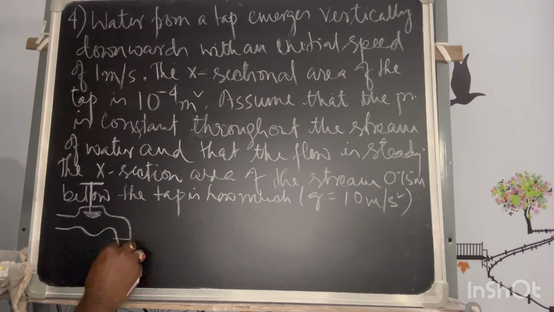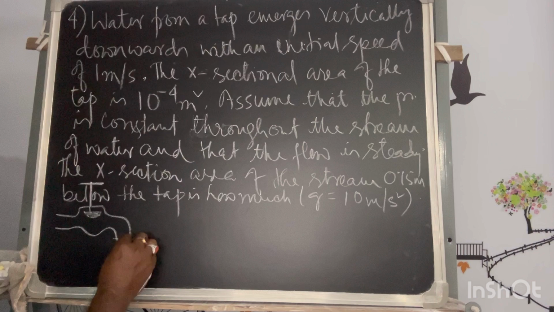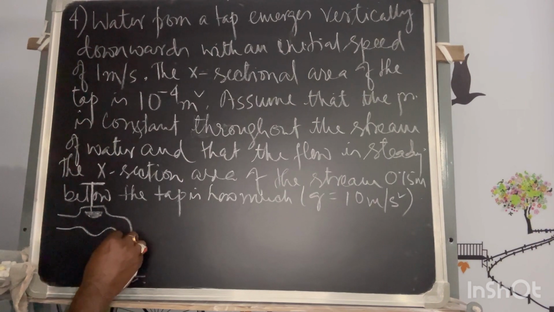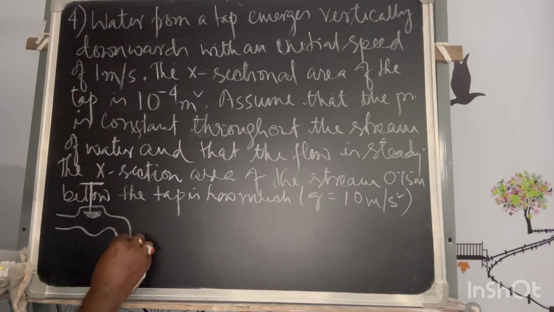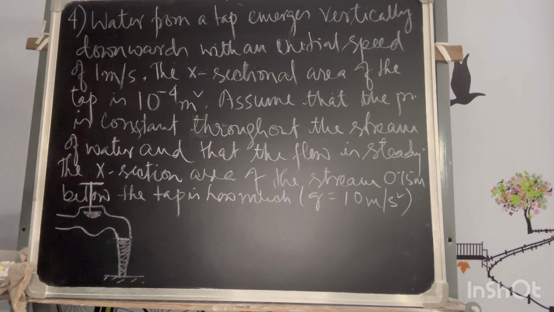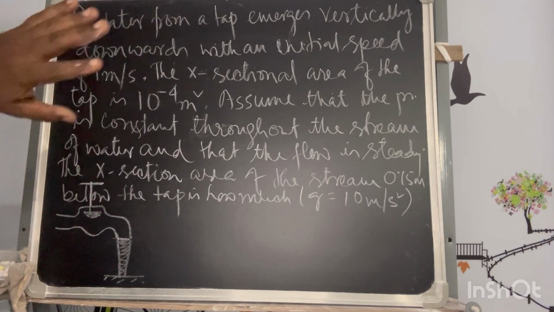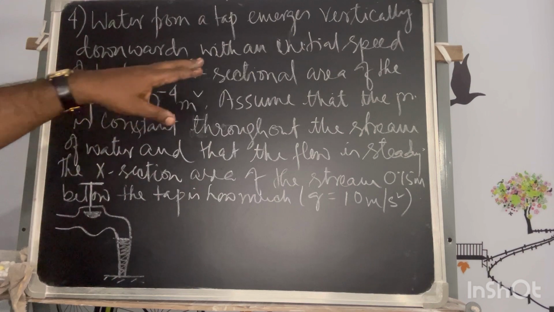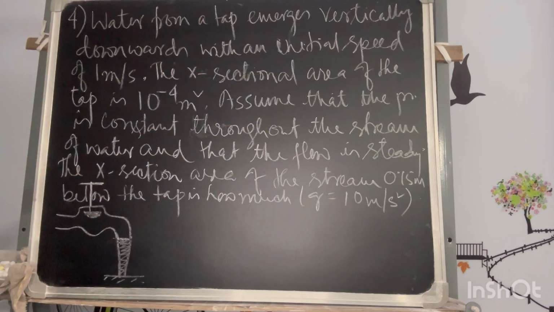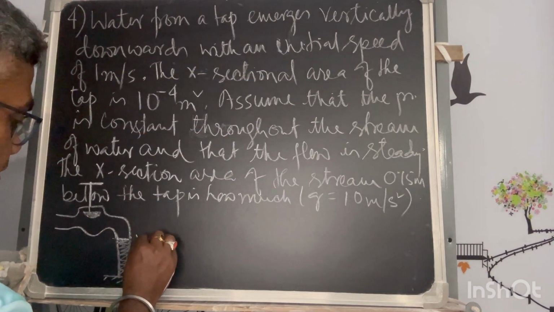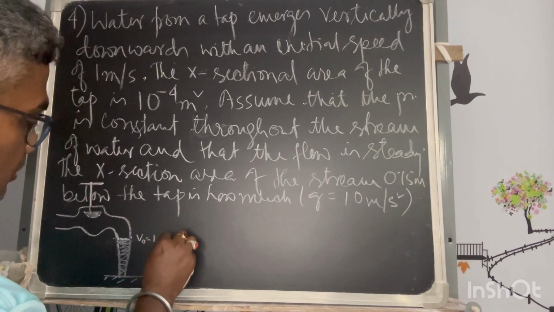This will make some reduction in cross section. Let this be the reference frame, and this is the water. This is the end of the tap. Okay, from there it is flowing. So water from a tap emerges vertically downward with an initial speed, say V0 is 1 meter per second.